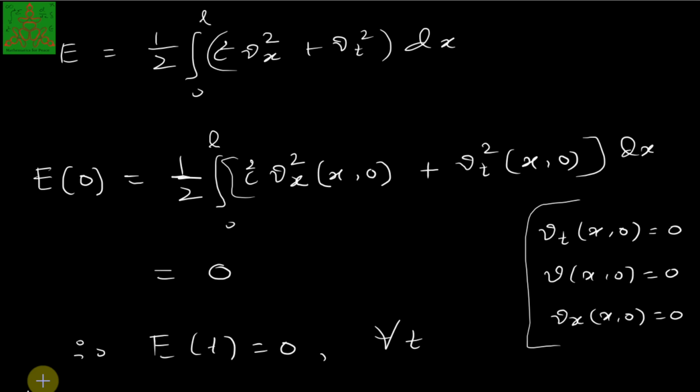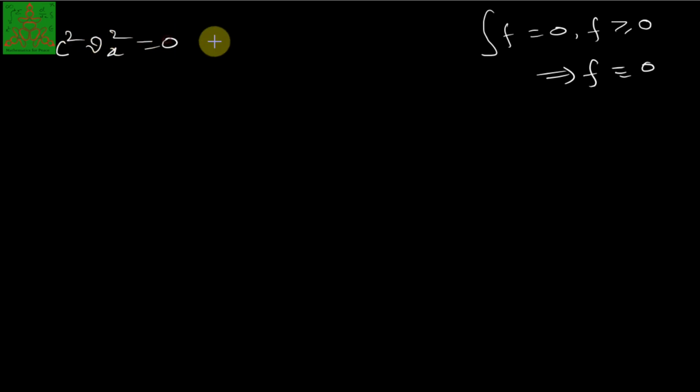And hence, since c² Vx² plus Vt² is a positive function, and we have a result which tells you that if the integral of f is 0 and f is greater than or equal to 0, then the function is 0. So due to this reason, we can say that c² Vx² is 0 and Vt² is 0.